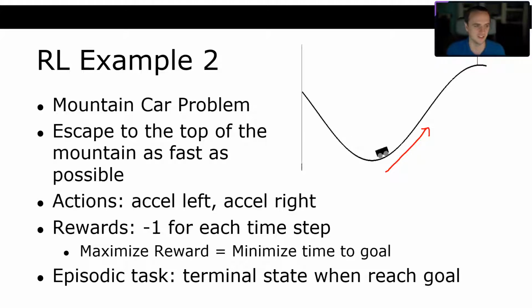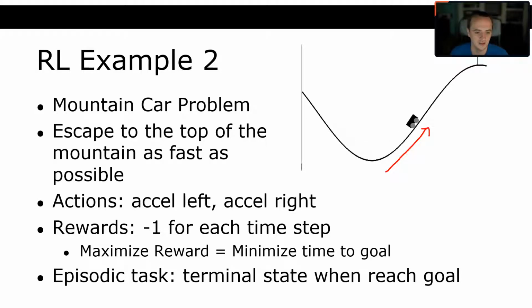Existence is pain. They don't want to exist. So if they can accomplish their task as fast as possible, that's what they want to do. So by maximizing a negative reward, you are completing this task as fast as possible. Any sort of pathfinding or wanting to do something as fast as possible, you can simply give it a negative reward, and then by maximizing that reward, you're doing the task as fast as possible.